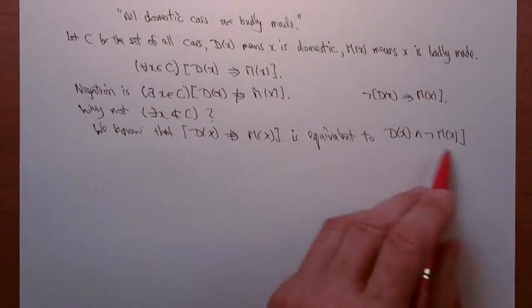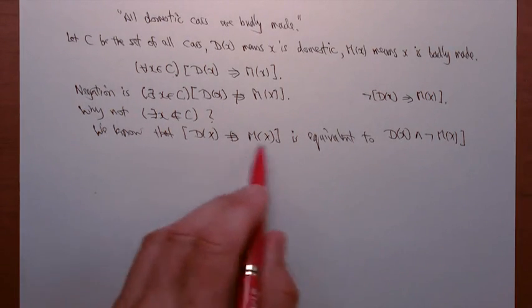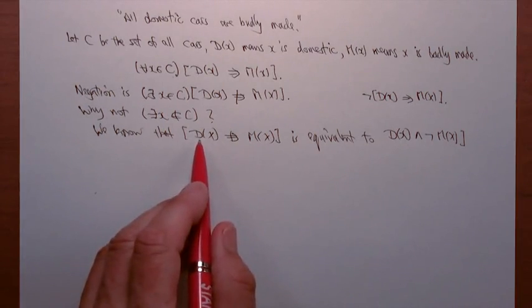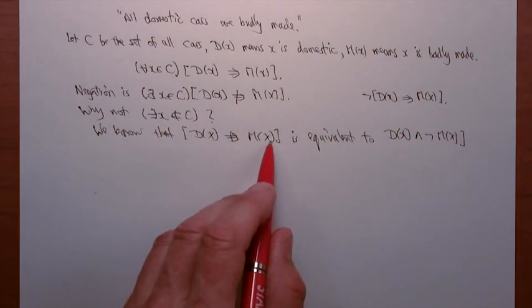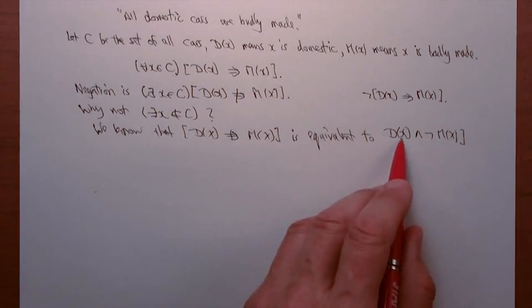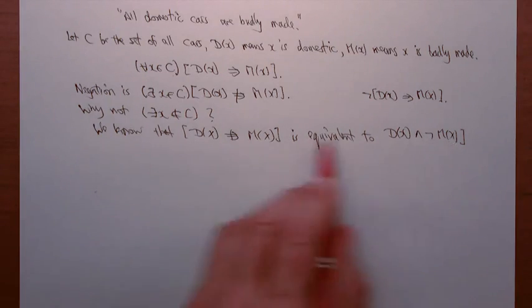In fact, this was the key part of our reasoning to figure out the truth table for the conditional. D of x does not imply M of x if d of x can hold and nevertheless M of x can fail. So we looked at this when we did truth tables.